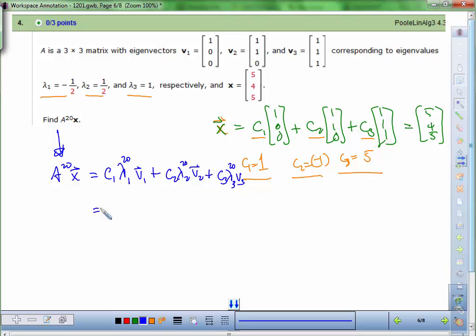All right, all we got to do is put in our values then. So we got 1 for C1. We got negative a half raised to the 20th power.